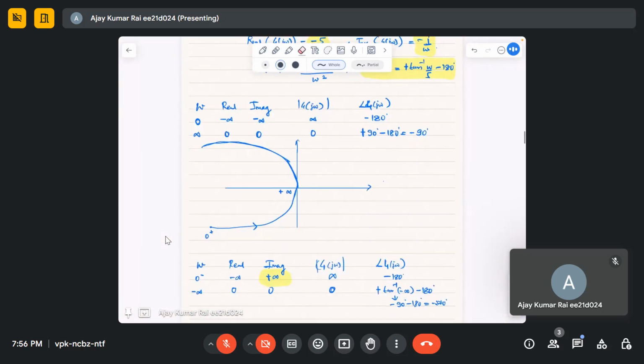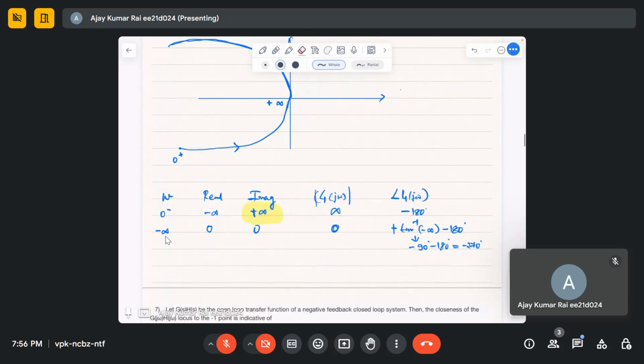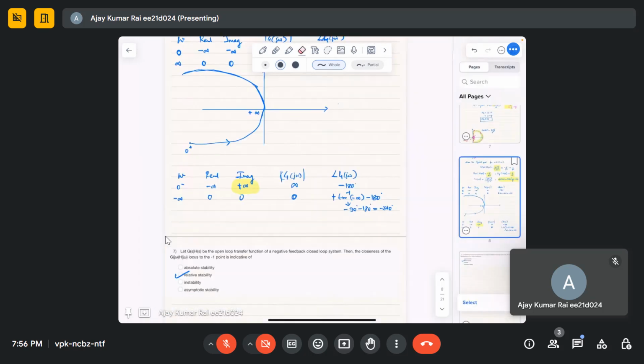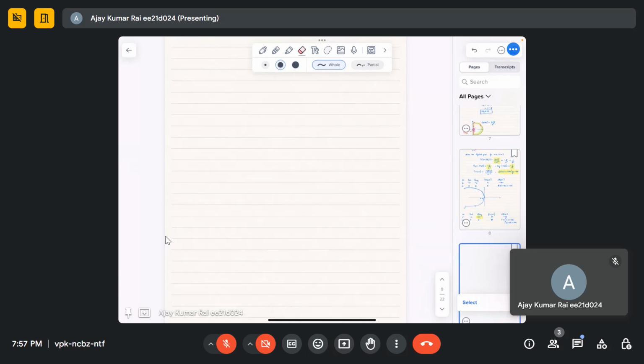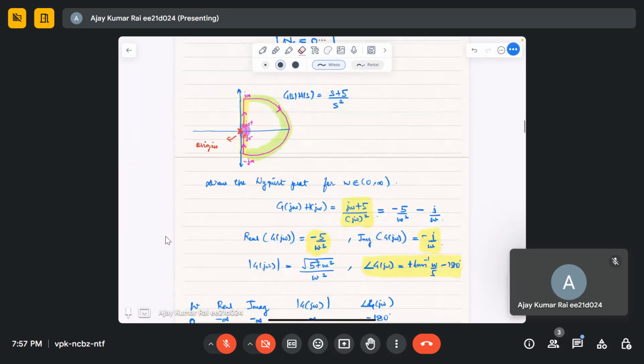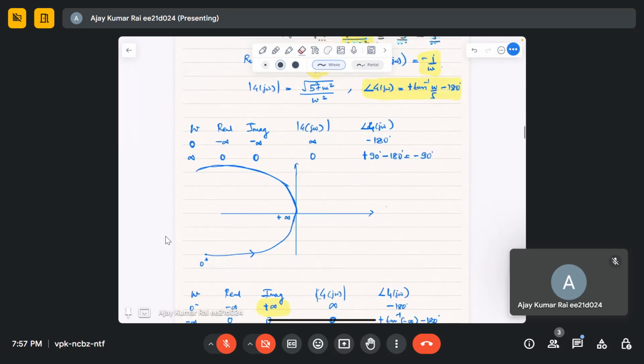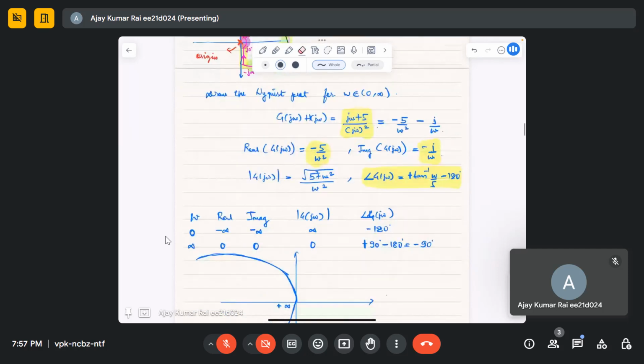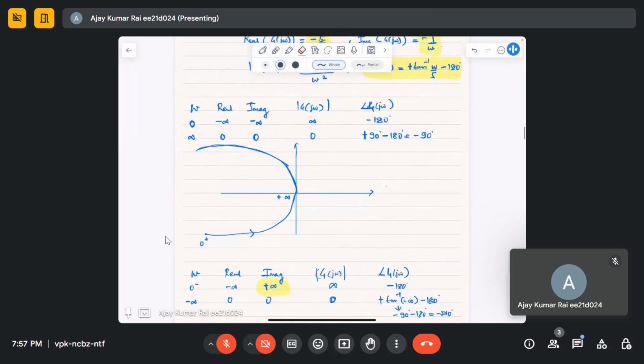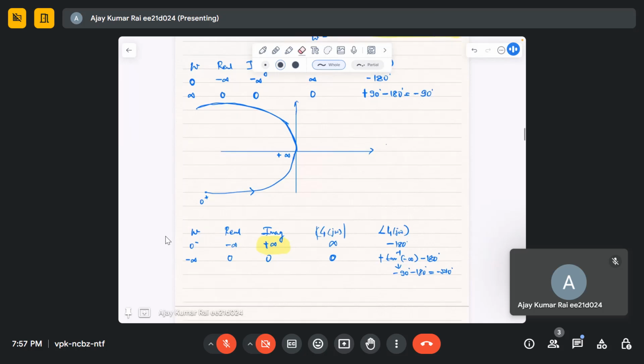So let me take a look. Okay, so here we are calculating the Bode plot. For the positive frequencies, I got the correct Bode plot, and for the negative frequencies, I was struggling. Let me see. At omega 0 minus, I was getting infinity.